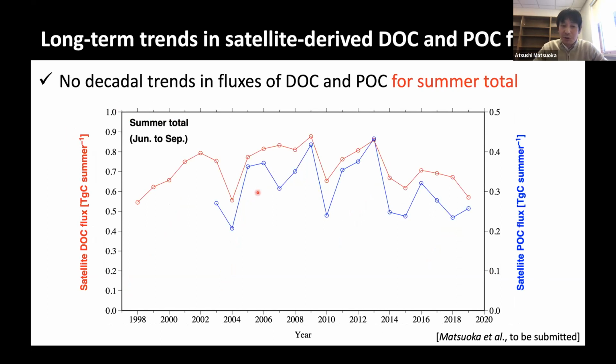Now I'm showing you the satellite DOC flux in red and the POC flux in blue. For the summer total, I summed up fluxes from June to September, 4 months. When we look at this figure, we don't see any trend over the last 20 years.